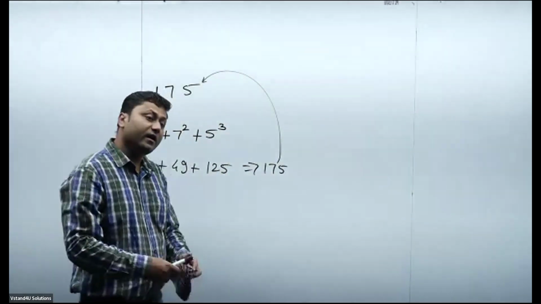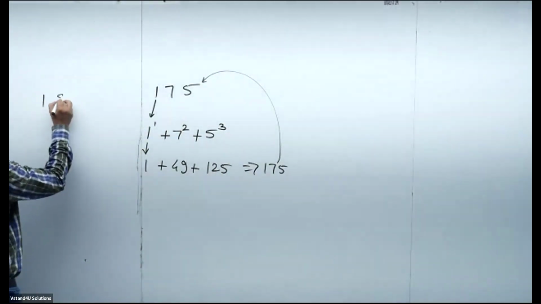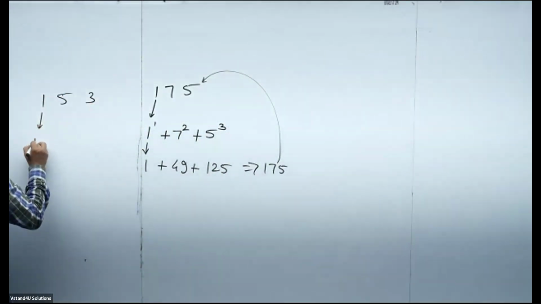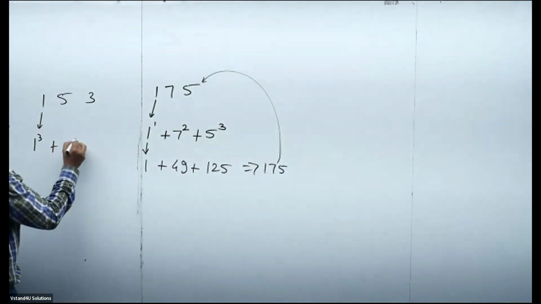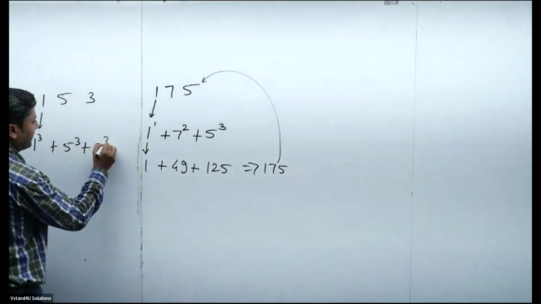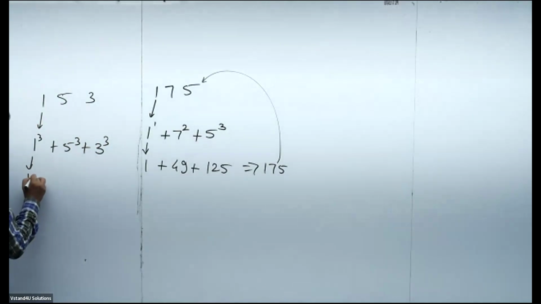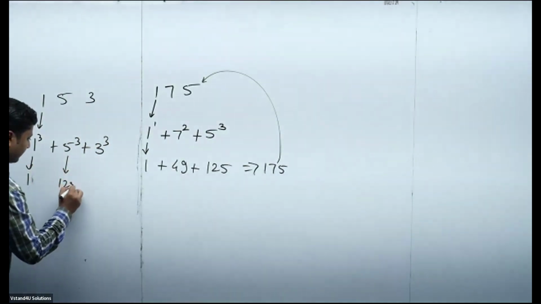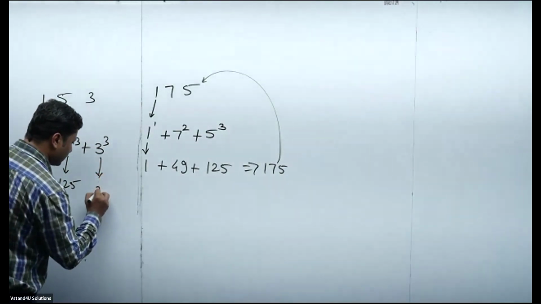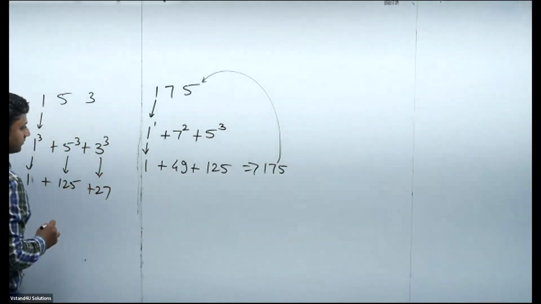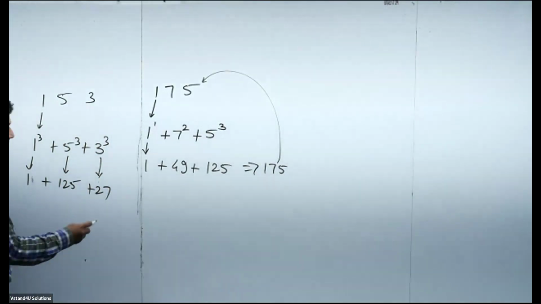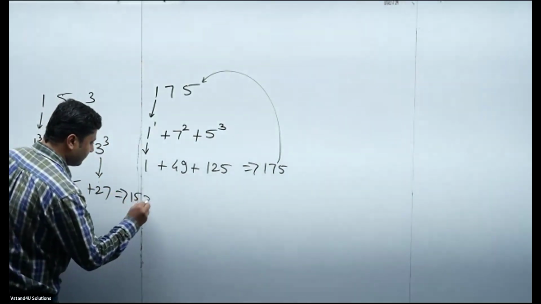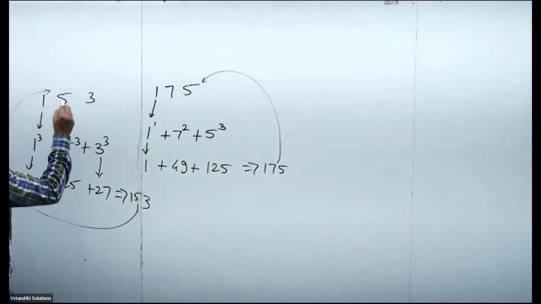Are you getting it? Yes, sir. In the narcissistic number, what was the statement? 153: every single digit is raised to the power of the count of digits. 1 cubed, then 125, yes, correct, 153. 1 plus 125 plus 27 is equal to the given number.